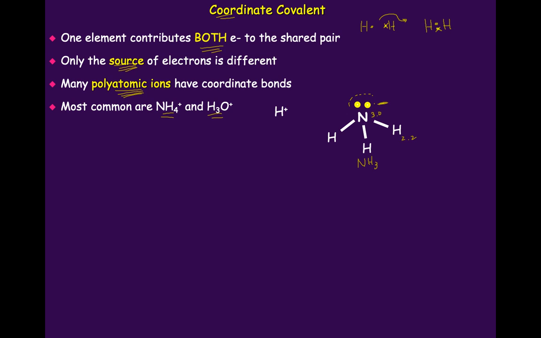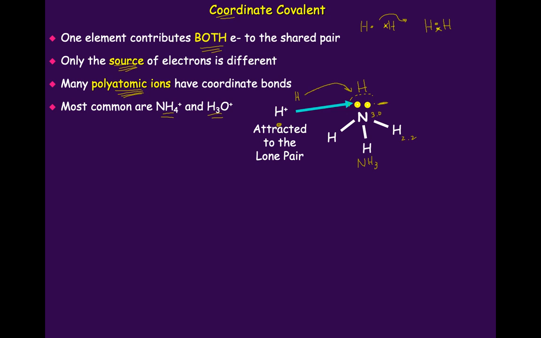So this is a very negative part of a molecule. If you have a hydrogen ion, and a hydrogen ion, again, is simply a proton that doesn't have any electrons, so you think of it just being H. What this H can do is attract to the pair of electrons here and actually form a covalent bond to it.